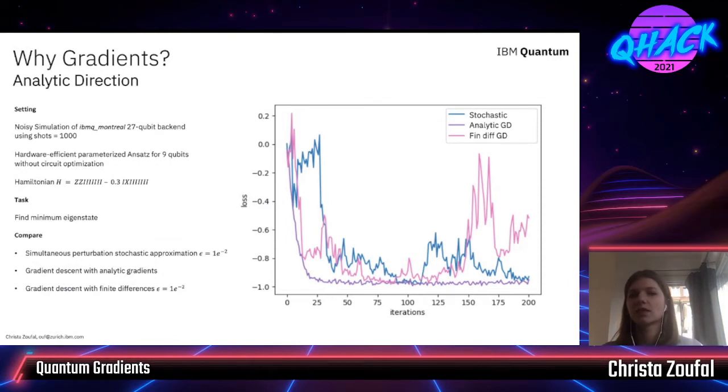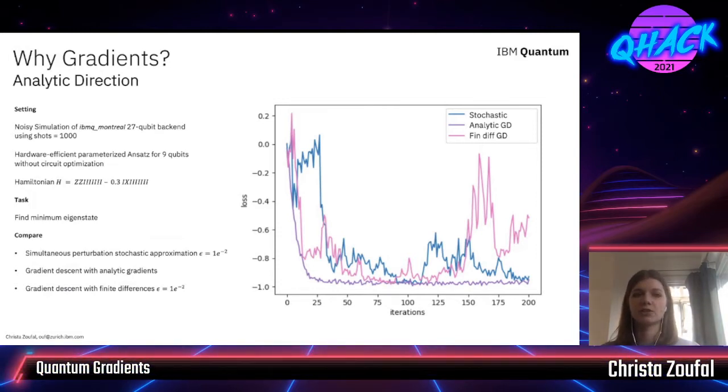Now we can compare the evolution of the loss function for different optimizers for, let's say, what we see here, 200 iterations. The blue line that you see here is SPSA, so simultaneous perturbation stochastic approximation, which is a computationally quite efficient optimizer.